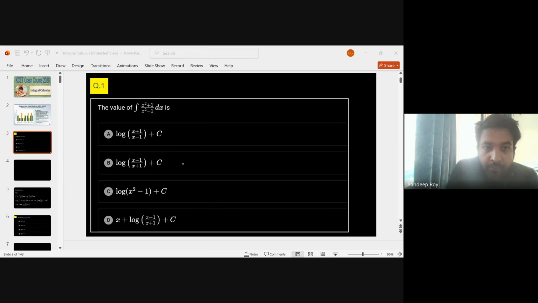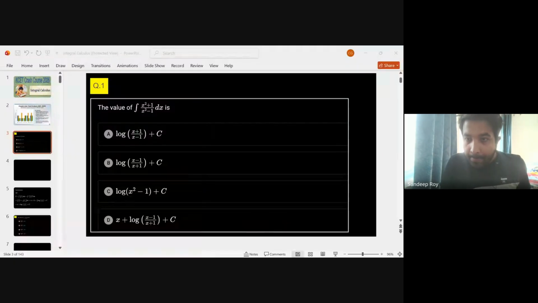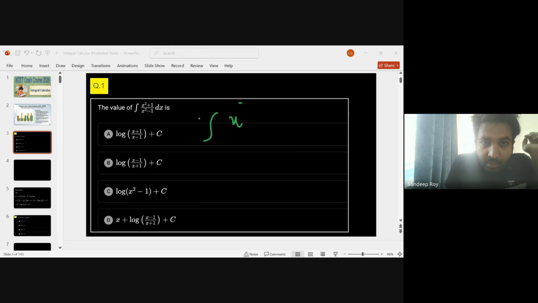Okay. So integration of x square plus 1 divided by x square minus 1 dx.